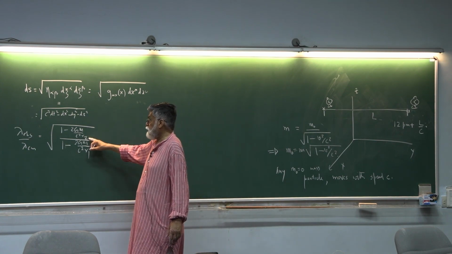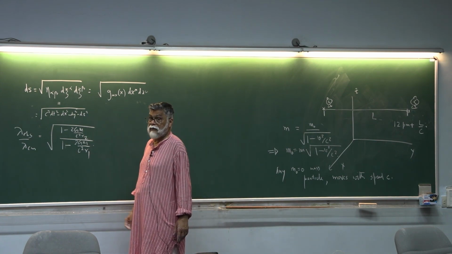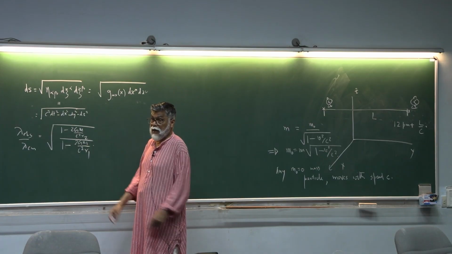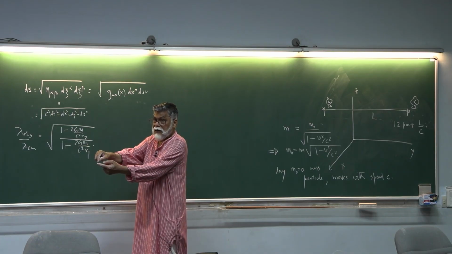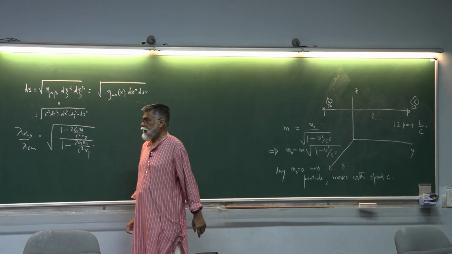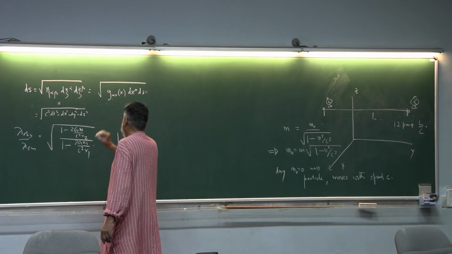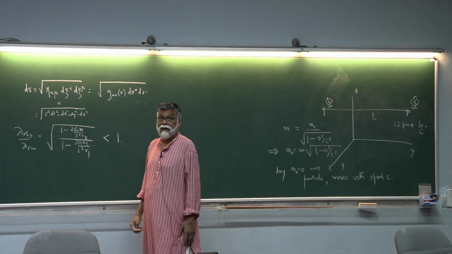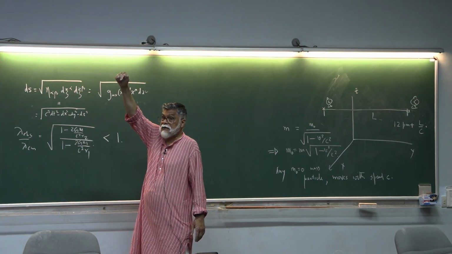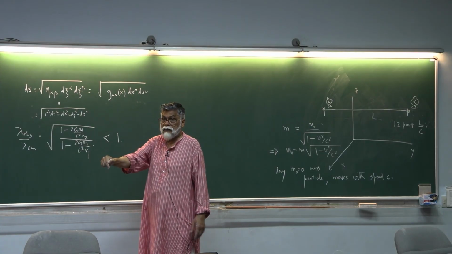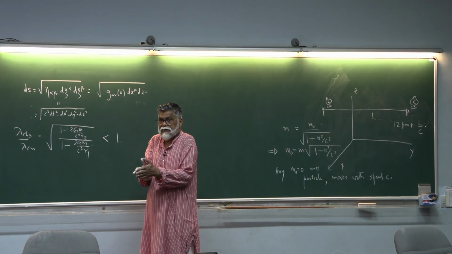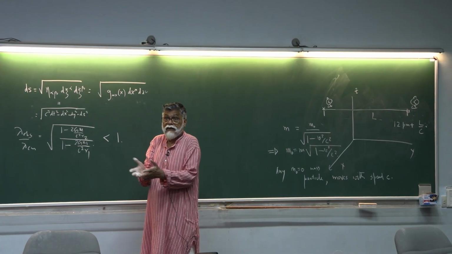R2 is smaller, because r2 is nearer to the earth, so it is less than 1. So what does it mean? That when the light is coming from top to bottom, its wavelength shrinks, or the frequency increases.